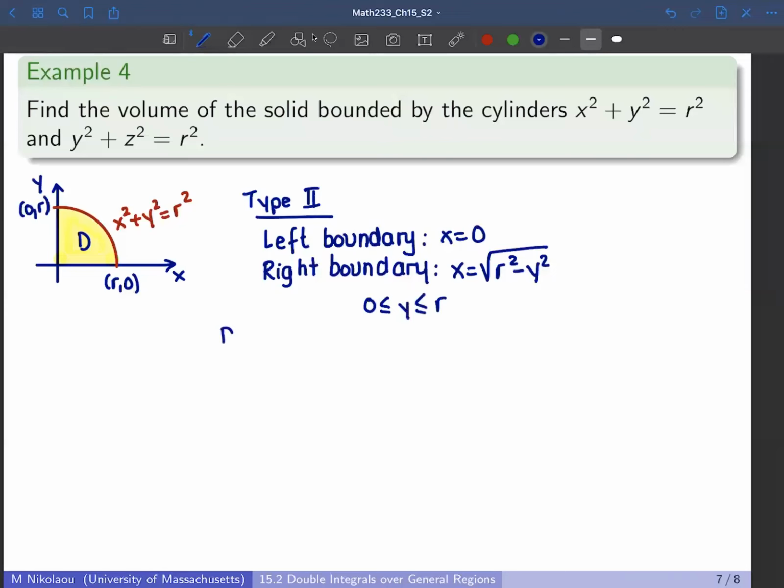So the domain of the type 2 region is the set of all points (x, y), such that x is between 0 and the square root of r squared minus y squared, and y is between 0 and r, with 0 and r included.